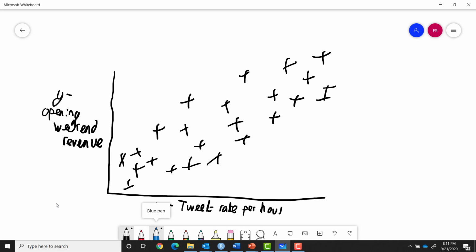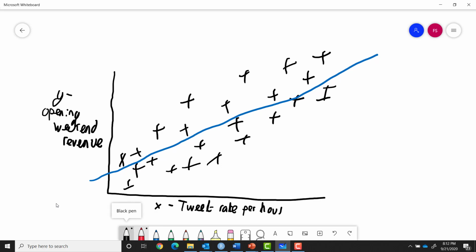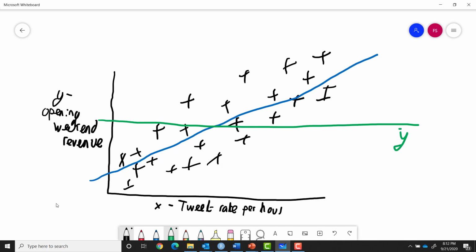And then what we're trying to do with regression is draw a line that best fits the data. Now, if I had good artistic skills, that should actually be a straight line. Let's add one more thing, in green. Let's have the average movie revenue, which we're going to call Y bar.